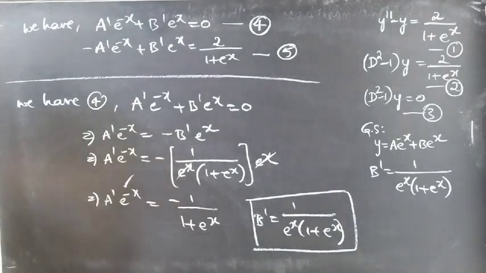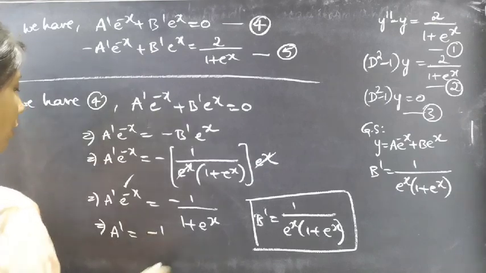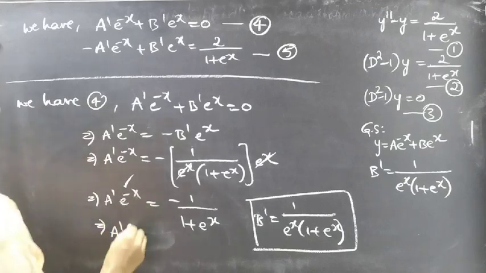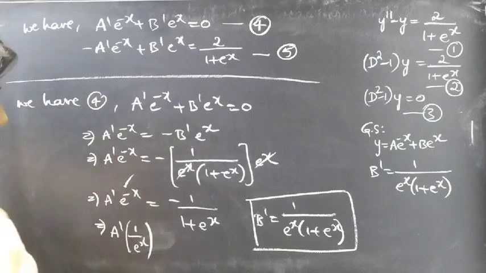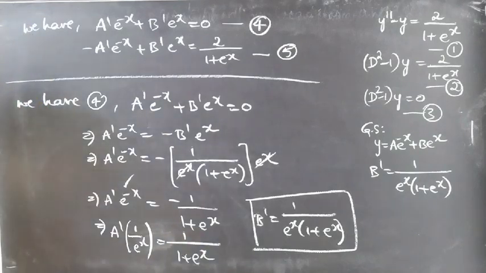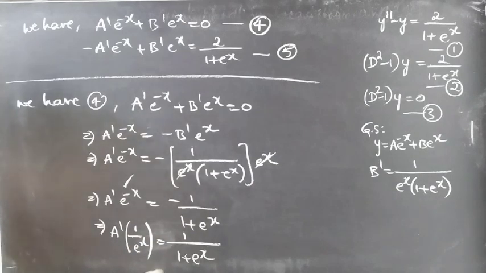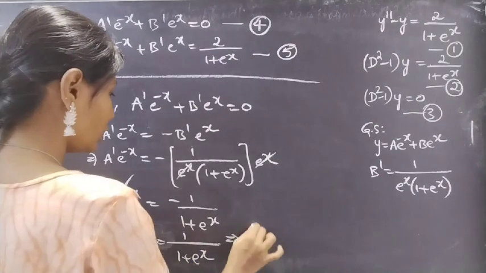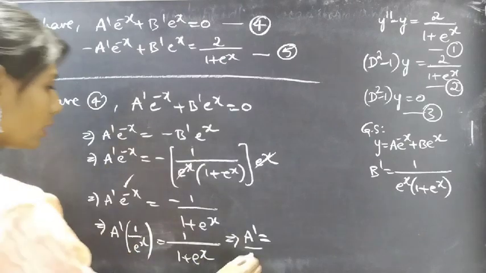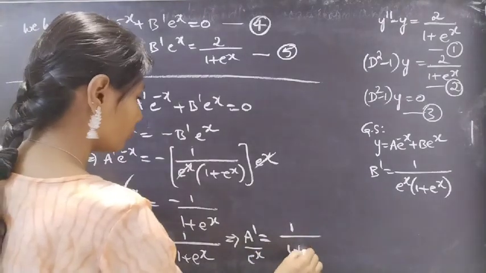Now take this e^(-x) to the RHS, we'll get a' = -1 by... it will be easy if you write e^(-x) as 1/e^x here itself. Okay, now we can take 1/e^x to the RHS. a' equals a' times 1/e^x, that is a'/e^x.